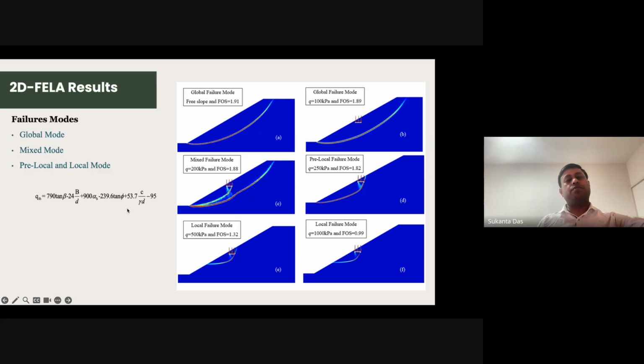After several sets of analysis, multiple regression and nonlinear regression analysis, we proposed one empirical correlation, which is at a quite satisfactory level, so that you can estimate the threshold load. Once you know the threshold load, then you can judge the stability of the building slopes. If the applied load is below the threshold load, then there should not be a stability concern for that existing slope. We proposed this and published it in 2023.